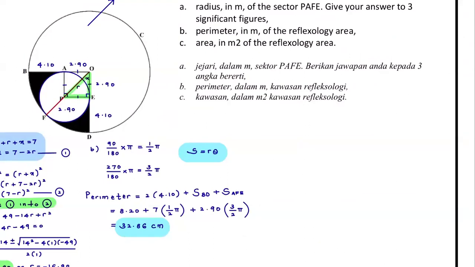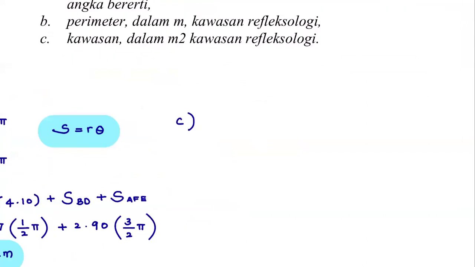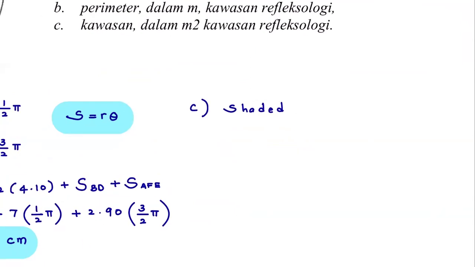So for question C, right? I try to draw for you guys if you can understand. Normally, guys, I prefer to draw. Sometimes drawing gives a better visual for us. Okay, so this is a sector. This is a sector with a 90-degree angle, right?